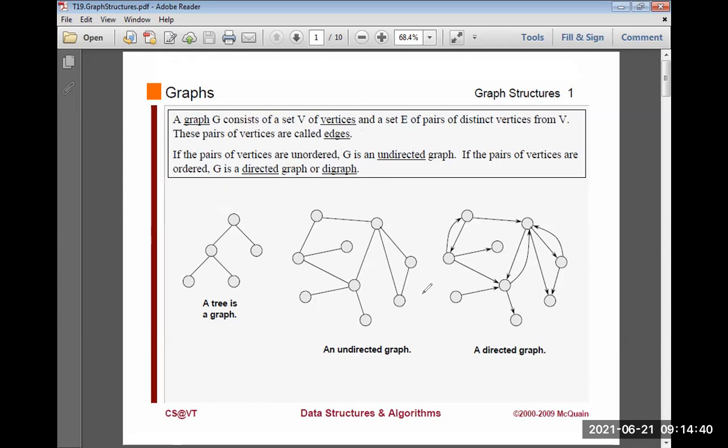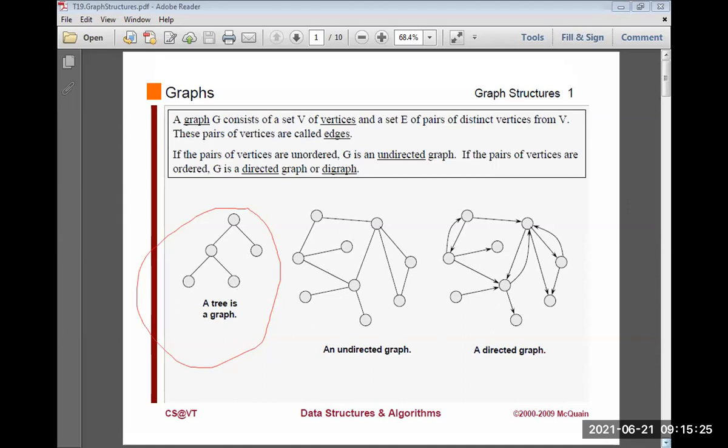This is a directed graph, this has a direction. This is an undirected graph. Here this is a tree. A tree is also a graph, but in a tree there are zero or more nodes and they are not cyclic. Here is a cycle and here is a direction. These two we do not call a tree. A tree has no cycles and no directions. So this is an undirected graph, this is a directed graph. This is about the graph.